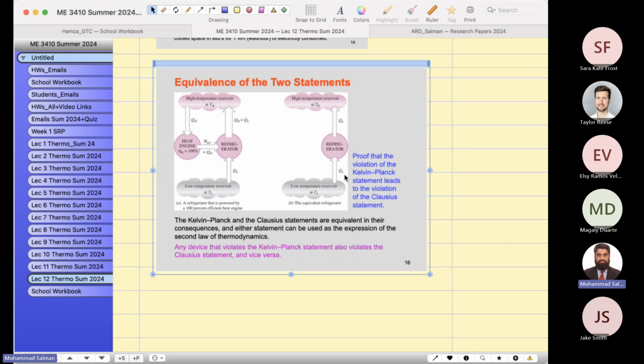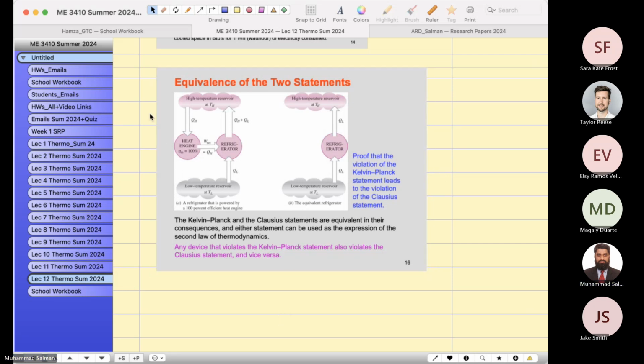So what happens in this case? The Kelvin-Planck and Clausius statements are equivalent in their consequences, and either statement can be used as the expression of the second law. Any device that violates the Kelvin-Planck statement, which is the heat engine, also violates the Clausius statement, which is refrigerators.